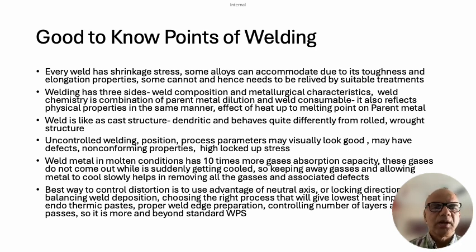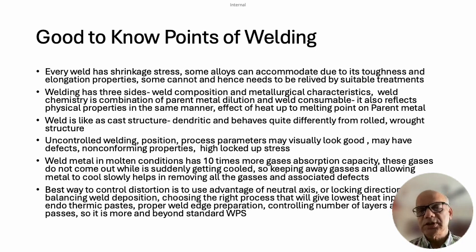so that we end up with no defect. The best way to control distortion, everybody knows, is to work along the neutral axis, where on either side of the neutral axis you use staggering, use locking directions for every joint, and balance the weld deposition on either side of the neutral axis or either side of the joint.